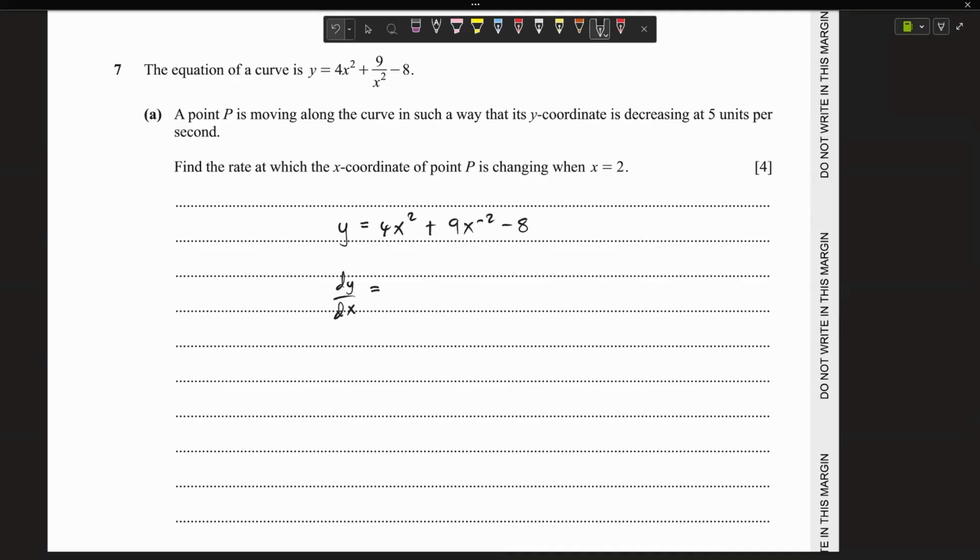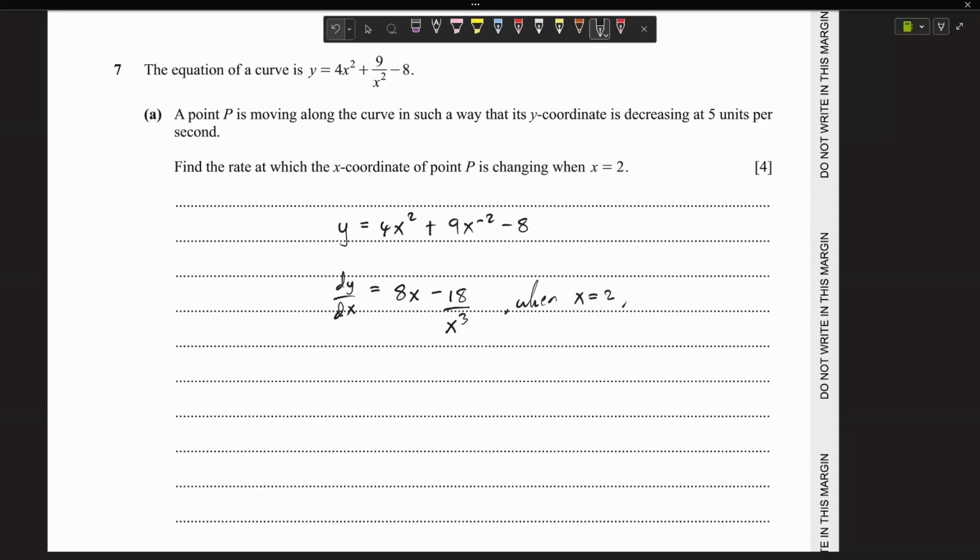And when we find dy by dx, we get 8x, and that's minus 18 x to the minus 3, which is like 18 over x cubed. And when we differentiate a constant, we get 0. So here we get 8x minus 18 over x cubed for dy by dx.